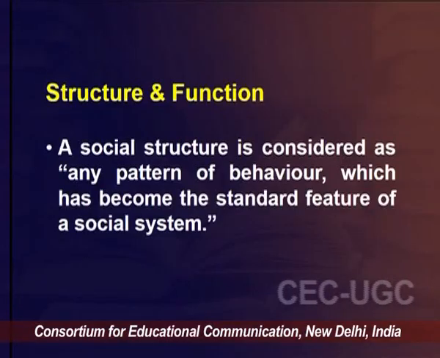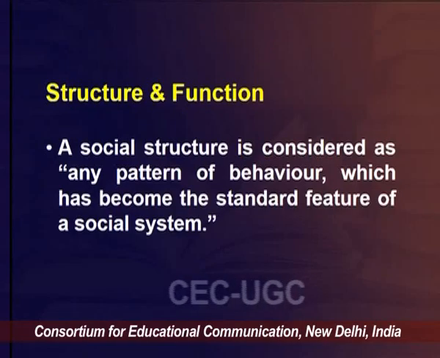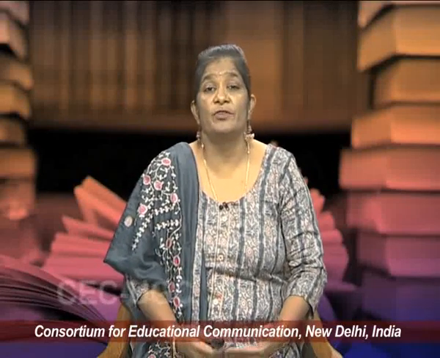According to Radcliffe Brown, a social structure is any pattern of behavior which becomes a standard feature of the social system. So here the focus was on the status quo, on an order which was following the norms and the values of the system.